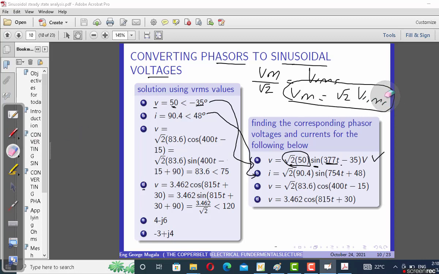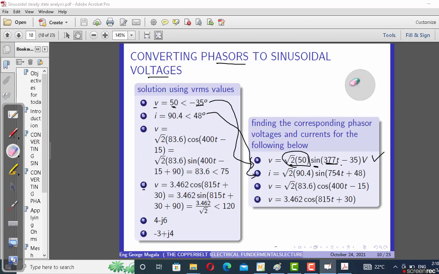Otherwise, let's try to elaborate on this number as well, because this could be confusing to some. It could be confusing even for me too, because why is it 7542, and why is it here 400, and why is it 815? It's because I have not yet explained to you how these values are coming about.